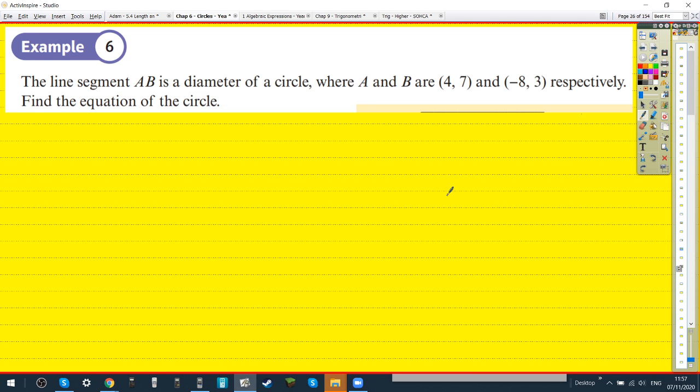Okay. So first we find the midpoint, which is 4, 7 minus 8, minus 8, 3.